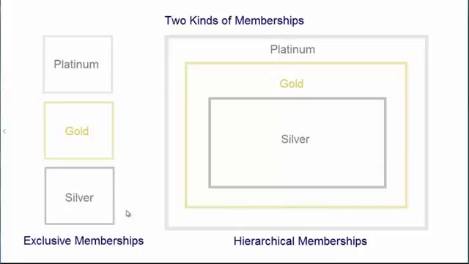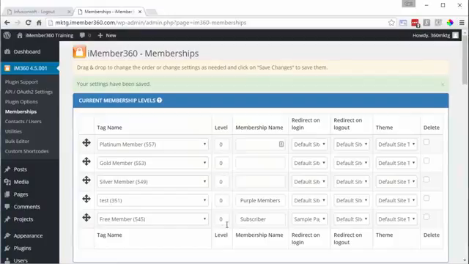Exclusive memberships mean that your users belong to a particular membership and can see content only for that particular membership as defined in that membership. So to do that during setup, we just do what we just did, right? We set all the levels to 0, and we're doing exclusive membership.